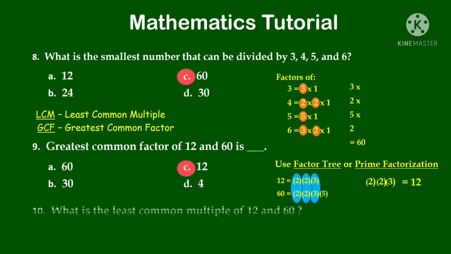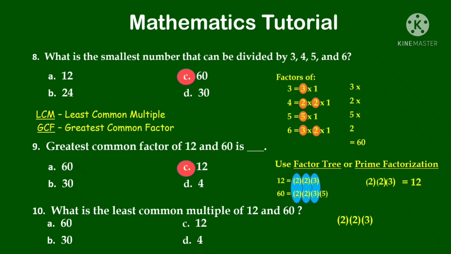Now, what if we are going to find the least common multiple of 12 and 60? So, sa number 9, ang hinanap is greatest common factor. Sa number 10 ay LCM or least common multiple. Ano kaya yung pagkakaiba ng dalawa? A, B, C, or D? Doon sa number 9, nagkaroon lang tayo ng identical numbers at yun lang yung ginamit natin.